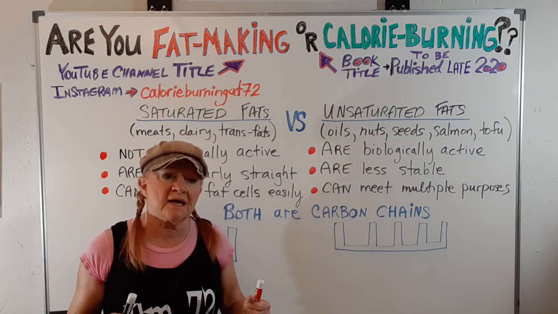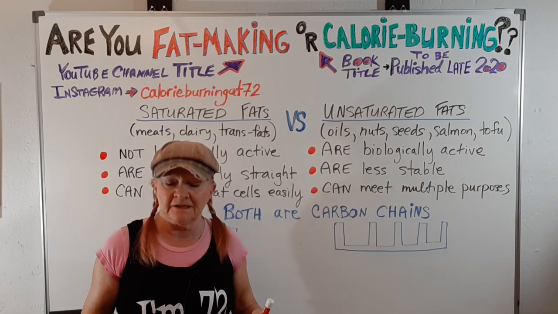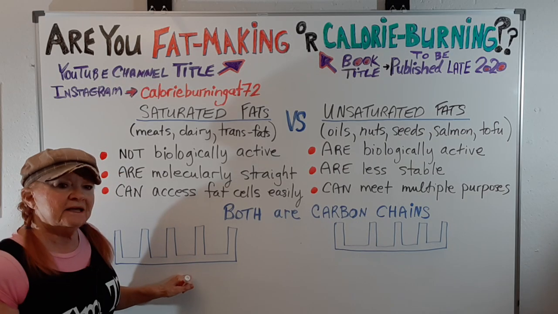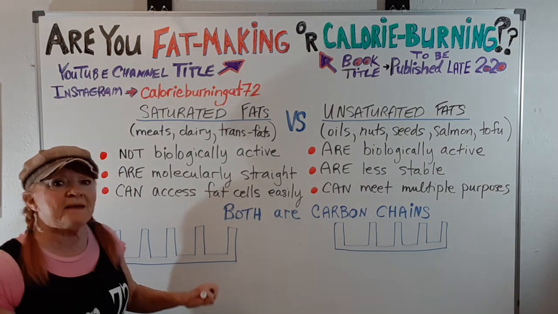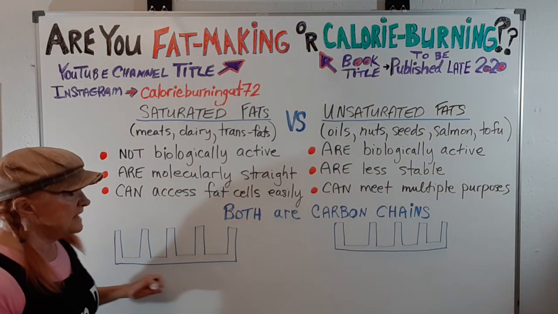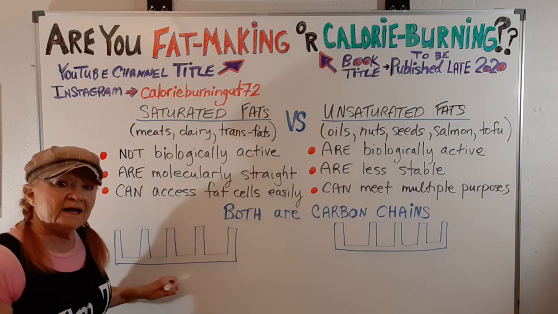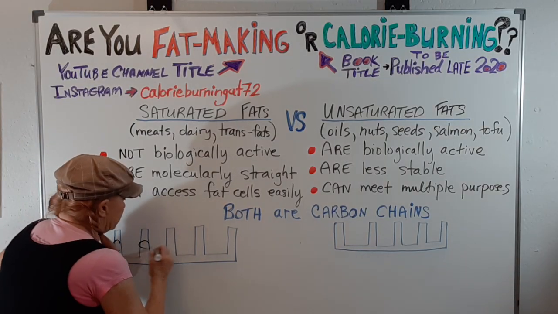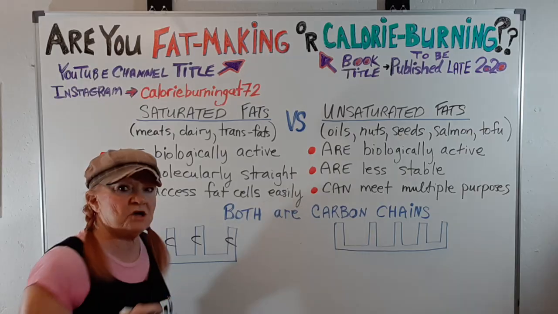I'm going to use a bus as an analogy. So the bus on this side has no empty seats, okay? This bus, you think kind of like a stick of butter, and that's why it clogs arteries. But as a carbon chain, yes, it has carbons.